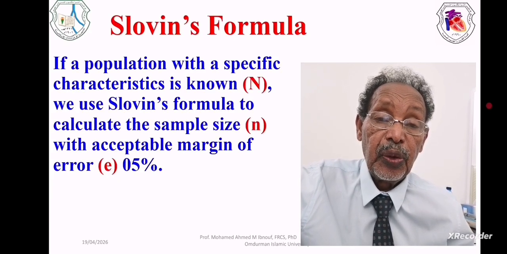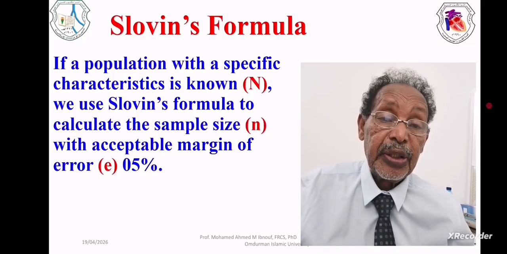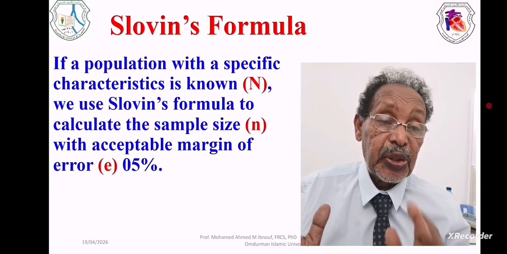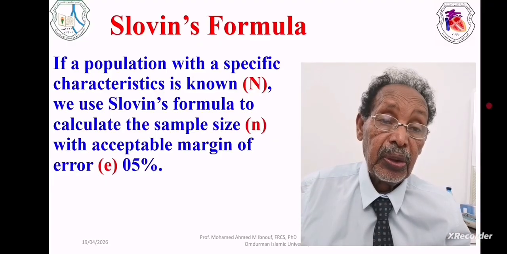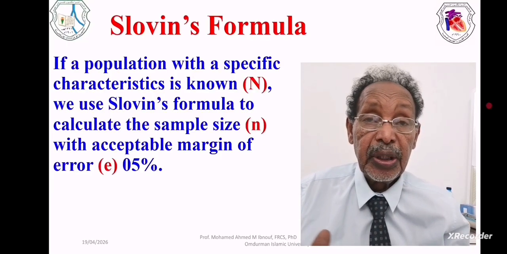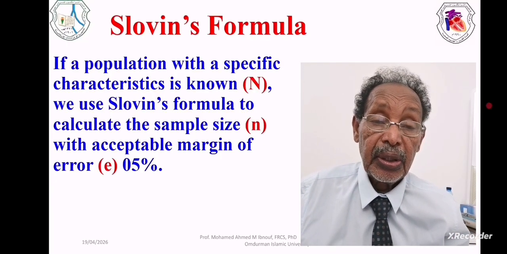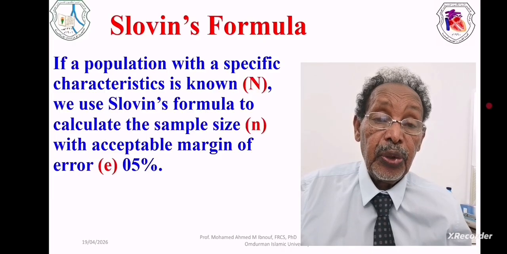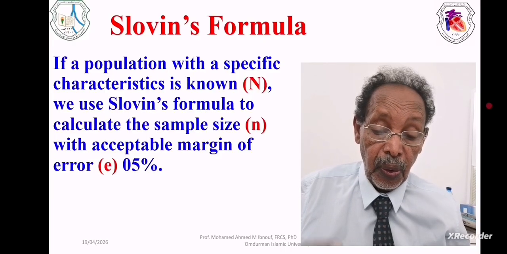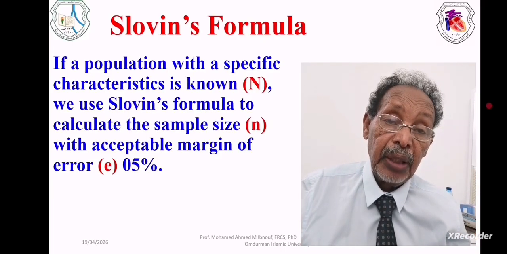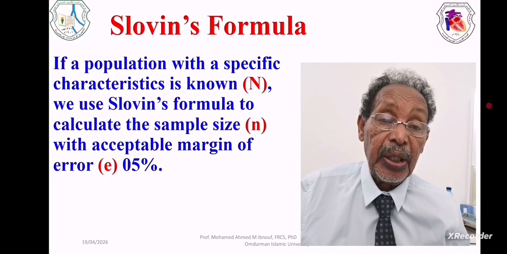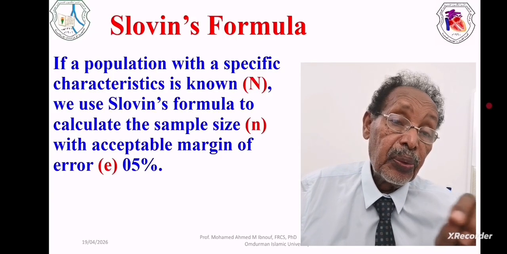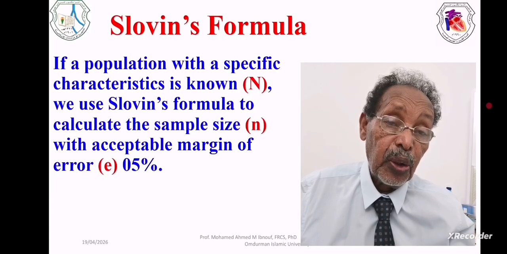Now, the Slovin formula: if a population with a specific characteristic, let us say appendicitis, is known, and how many cases were admitted in 1 year or in 6 months, we use the Slovin formula or the Taro Yamane formula, it is the same, to calculate the sample size, which is denoted by a small n.